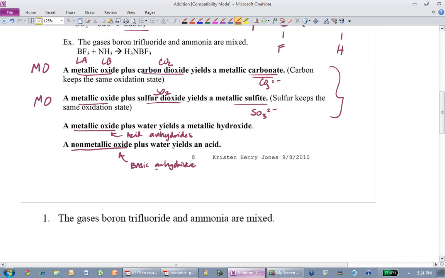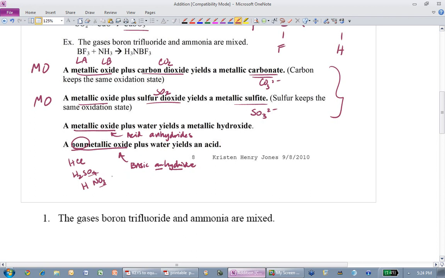Anhydride literally translates into without water. And so think about the acids that you can name. It's either a polyatomic ion or a nonmetal that is with the H. And so for these oxyacids, it's the nonmetal oxide that makes the sulfuric acid and the nitric acid.